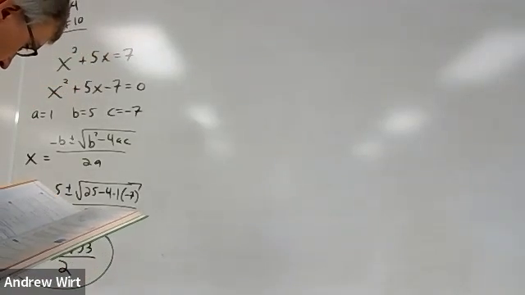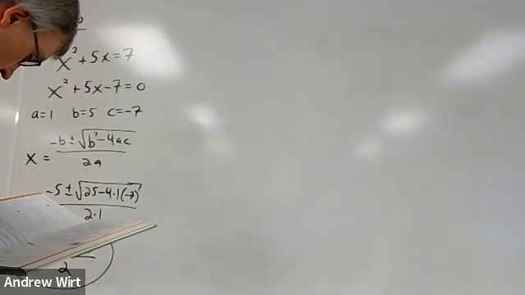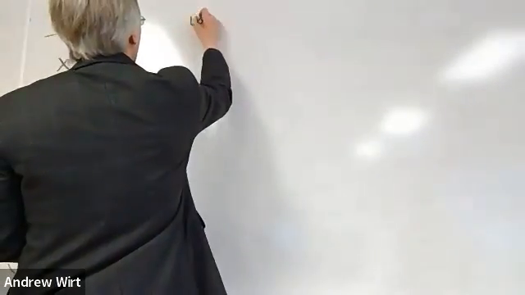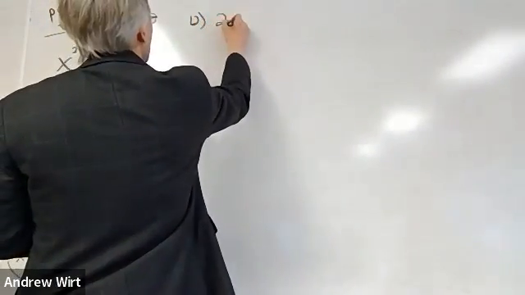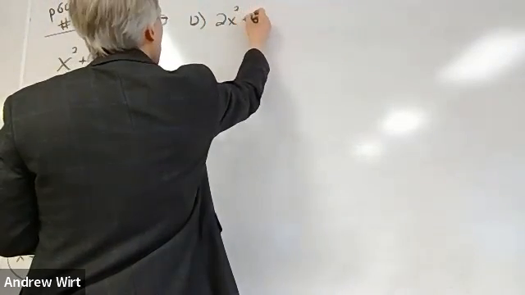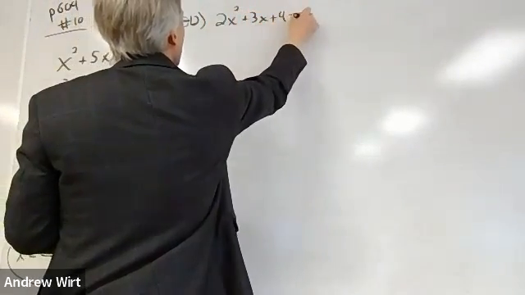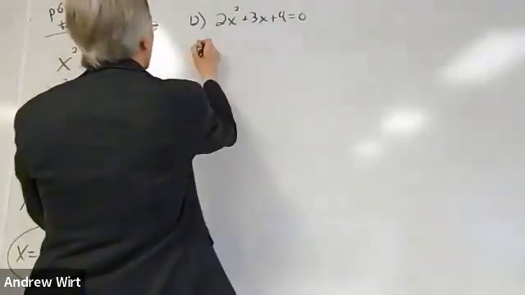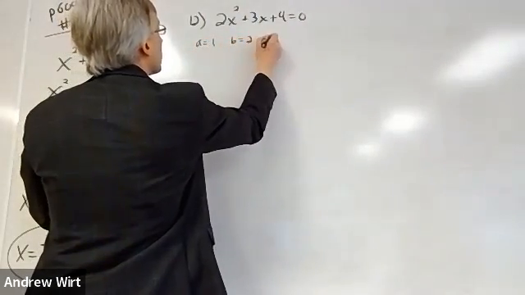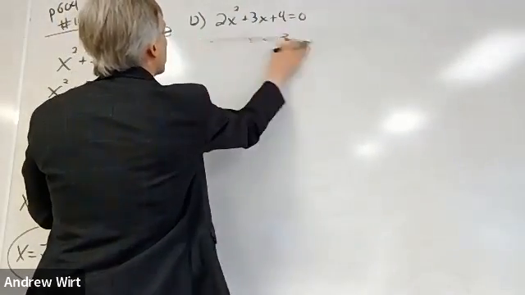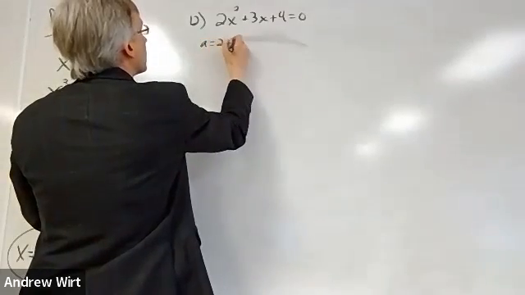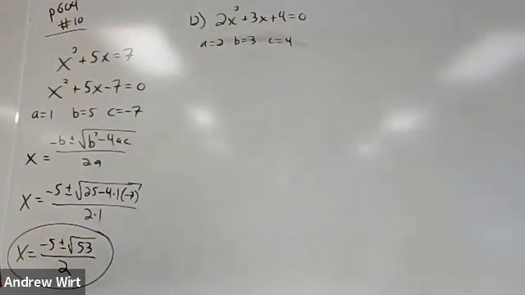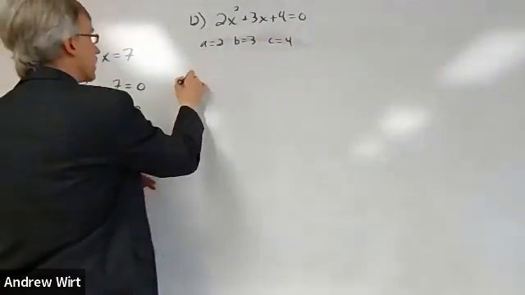Number 12. 2x squared plus 3x plus 4 equals 0. We're already in standard form. There we go. A is 2, B is 3, C is 4. Let's plug in.